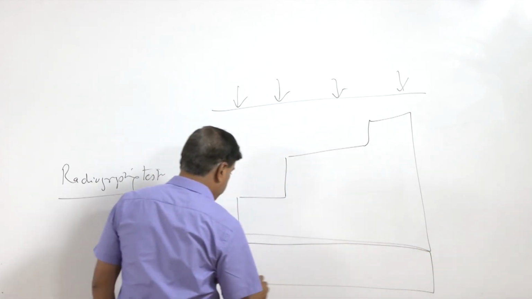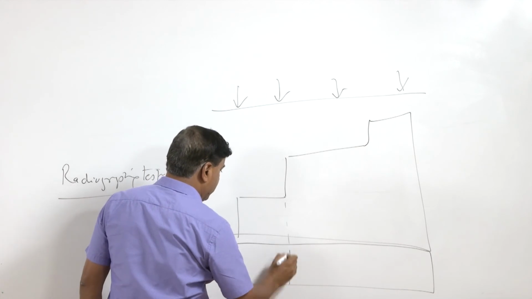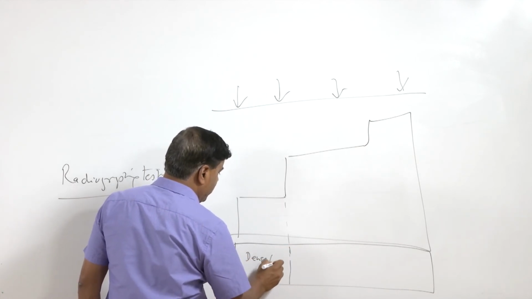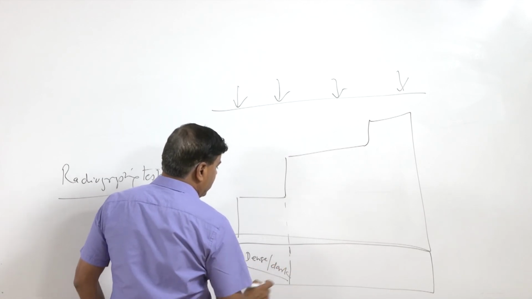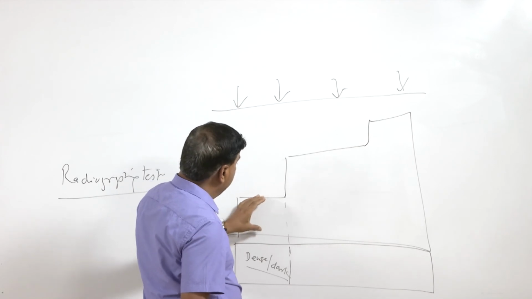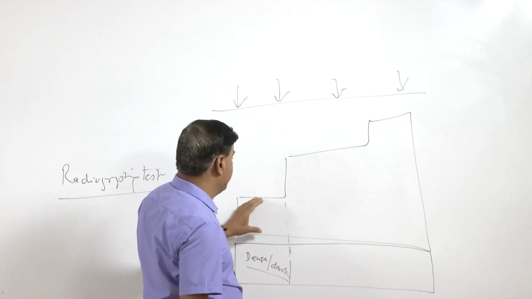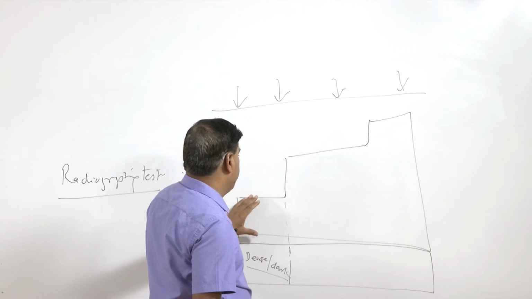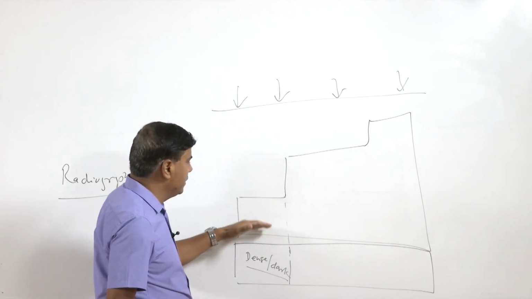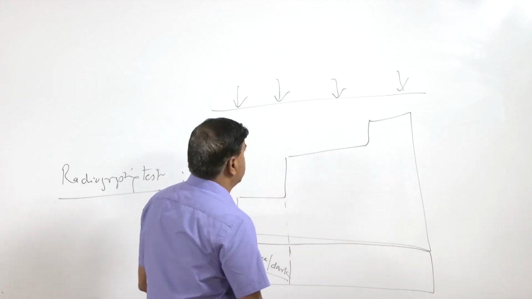Up to here it will be very dark, indicating that most of the X-rays have passed through and only a few have been absorbed by the metal.